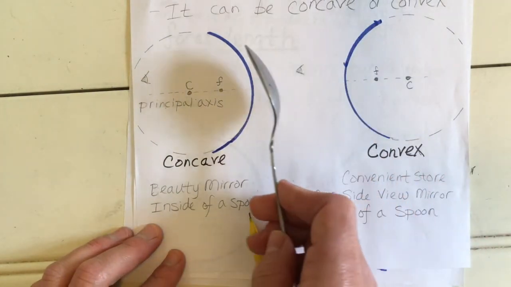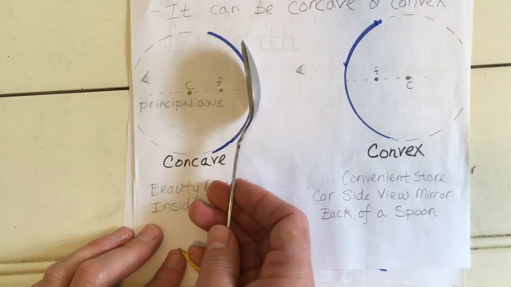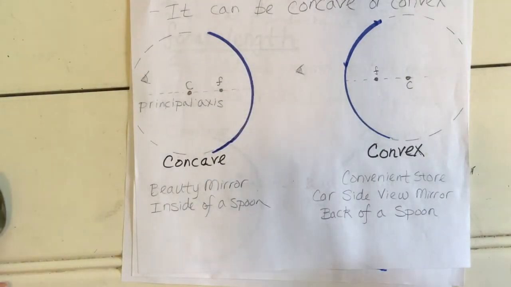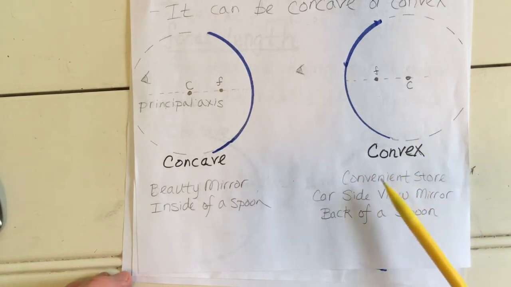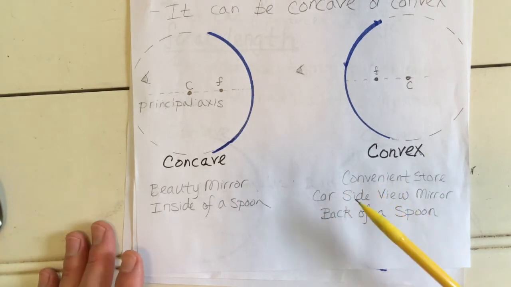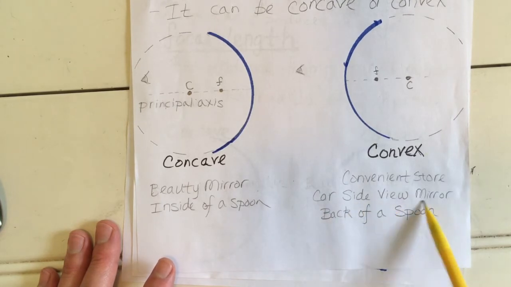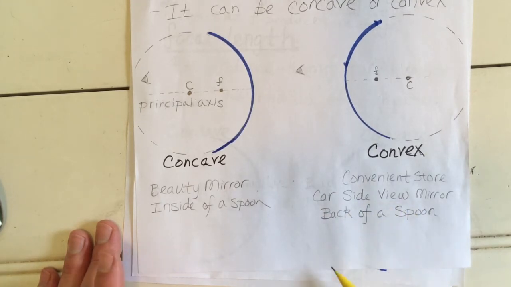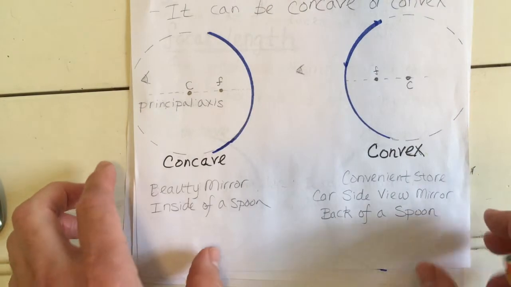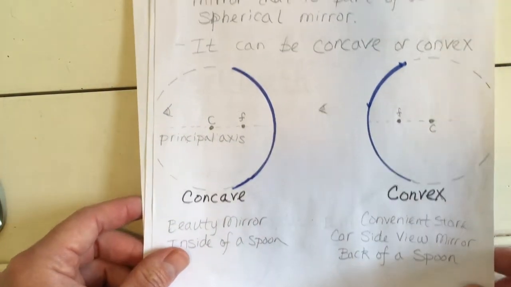And here, concave, I'm looking at the inside of the sphere. Okay. Where do we see convex mirrors? Convenience stores, where they might have them going around corners, hospitals going around corners, something like that. Car side view mirror, another place you could see a convex mirror.